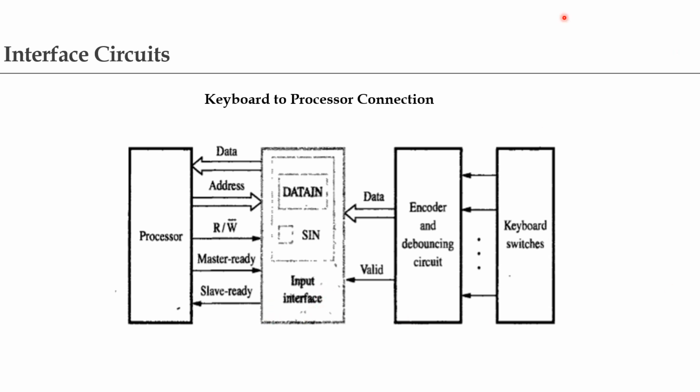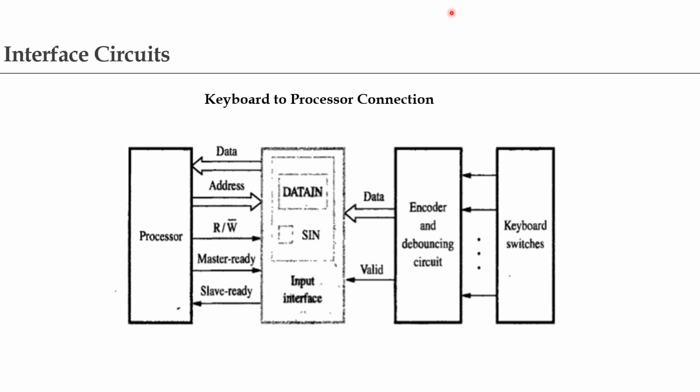The keyboard controller continuously scans the keys. When a key is pressed, the controller detects it and generates a unique scan code for that key. The scan code is sent to the keyboard interface circuits, serial or USB.